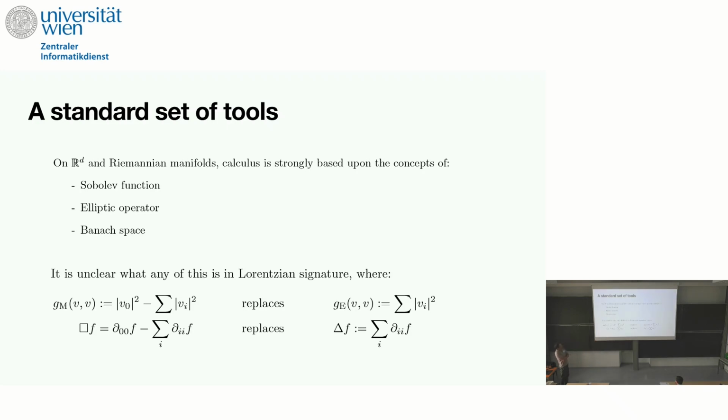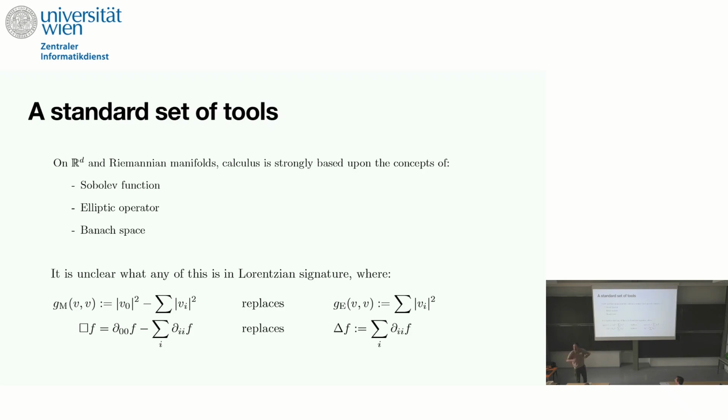Of course, one can wonder: those three objects that I mentioned are very useful in elliptic signature, so what happens in the Lorentzian one? Should we totally get rid of them, or is there any sort of replacement that we can work with? And I want to be extremely clear: the fact that these objects turned out to be useful in Riemannian geometry has no implication about their potential use in Lorentzian geometry.